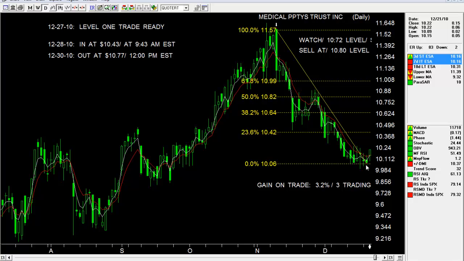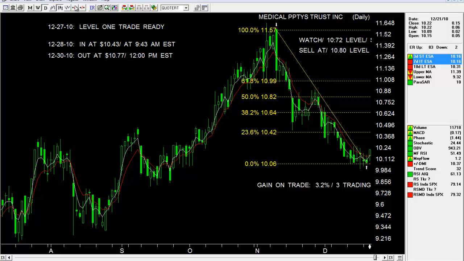Now as time unfolds and we move into the future, every day counts, because every day is part of the setup for the trade where we can get back to the possibilities of this level at 1042, a 23.6% retracement, 38.2 being 1064, and more importantly, a 50% retracement level at 1082 based on these previous price levels here.